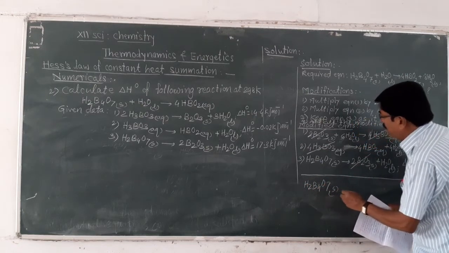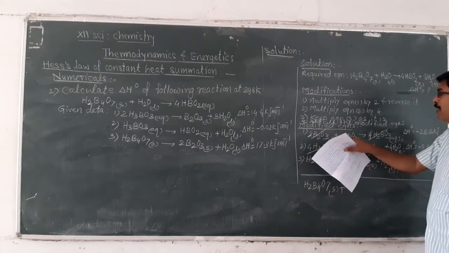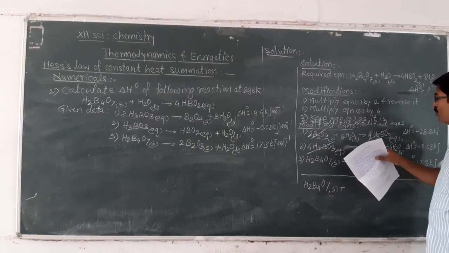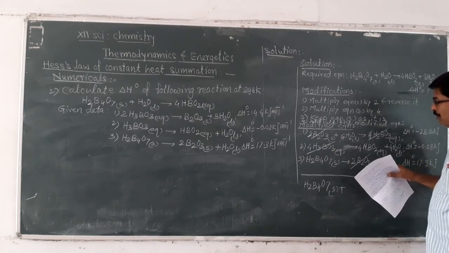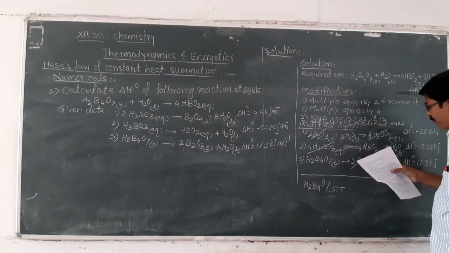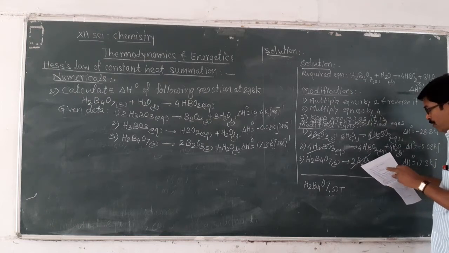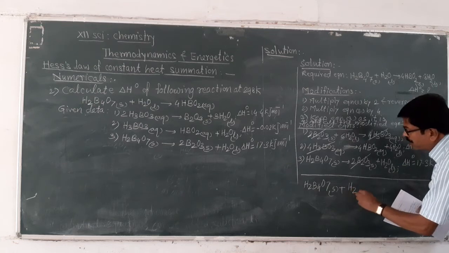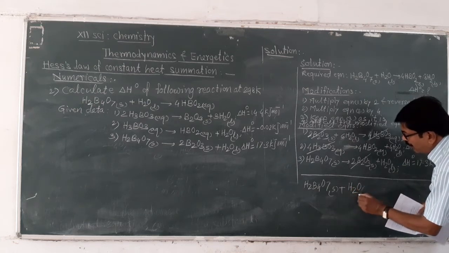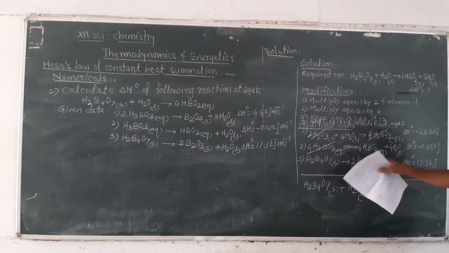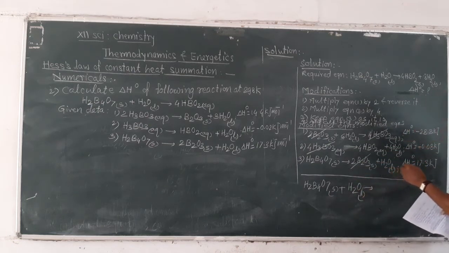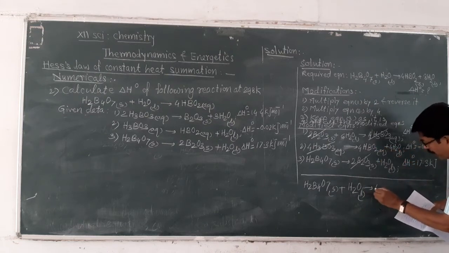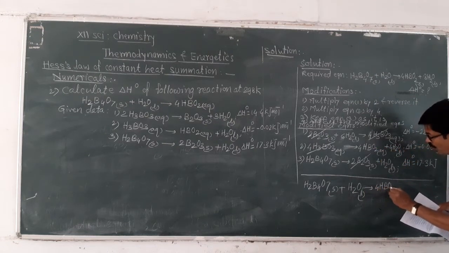H2B4O7 solid plus, now here there are 6 H2O and 3 H2O on one side and 4 H2O and 1 H2O on the other, so 6 minus 5 means 1 water molecule remains behind on the reactant side, and it gives 4HBO2 aqueous.